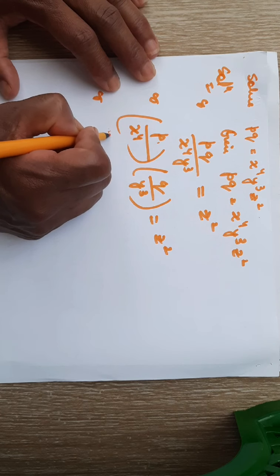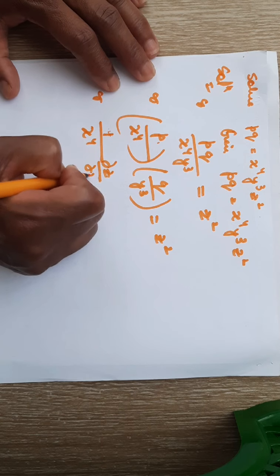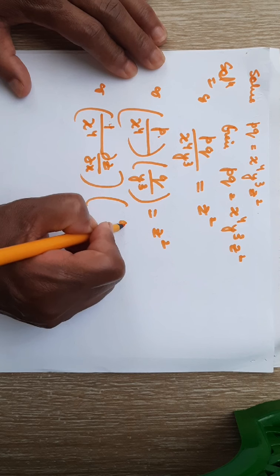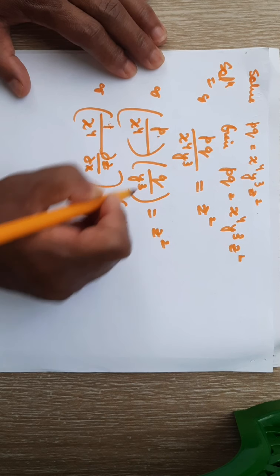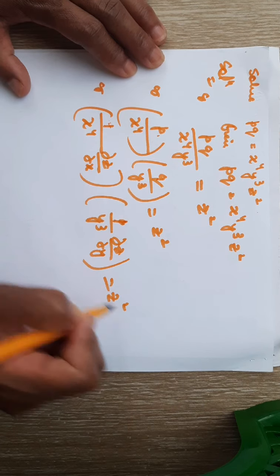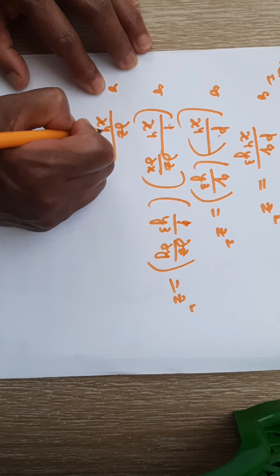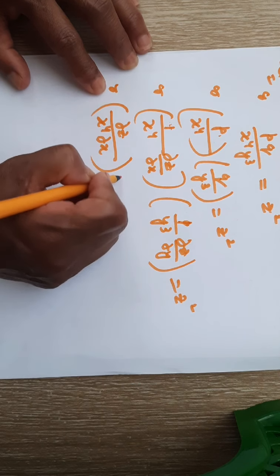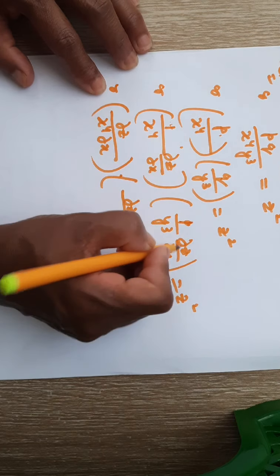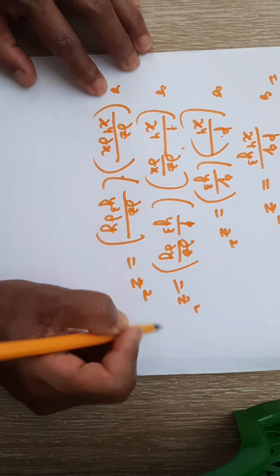So it will be 1 by x to the power 4 into del z by del x into 1 by y cubed. What is q? It is del z by del y, is equal to z squared. Or now it will be del z by x to the power 4 del x into del z by y cubed del y is equal to z squared, numerator remaining the same here and here.